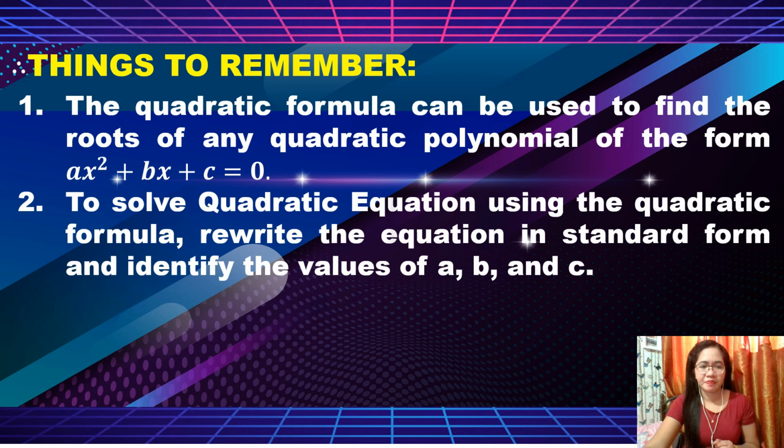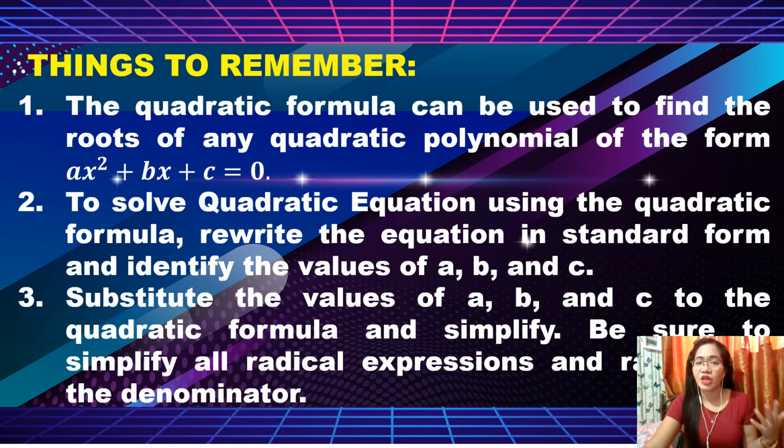Number 2, to solve a quadratic equation using the quadratic formula, you're going to rewrite the equation in standard form and identify the values of a, b, and c, because sometimes the given is not in standard form. So, you need to rewrite it in standard form so that it will be easier for you to substitute into the formula. And the last one, substitute the values of a, b, and c into the quadratic formula and simplify.